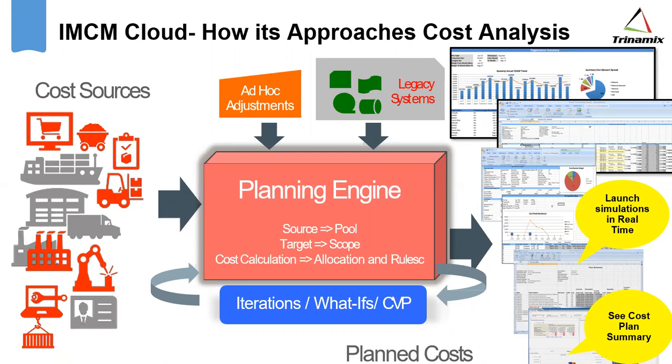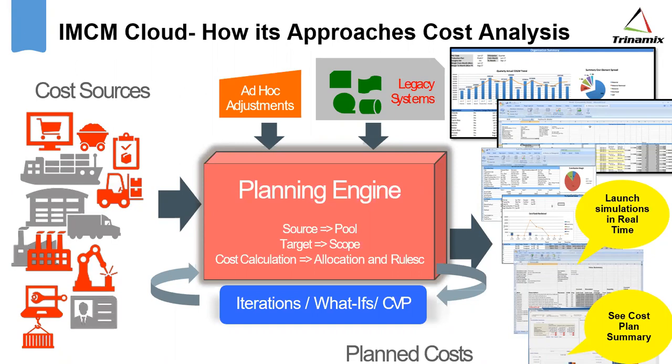All those cost elements can be pulled in. Again, it can come from ERP or multiple different systems. You have to identify where the cost is, and once the data is exposed to the system through the UIs, you can make some adjustments. The data can come from multiple legacy systems or from the ERP system.